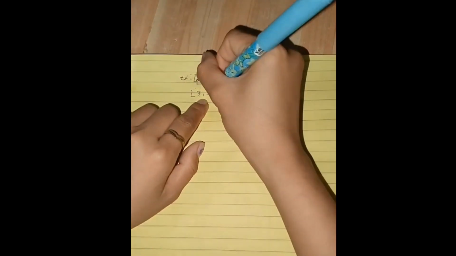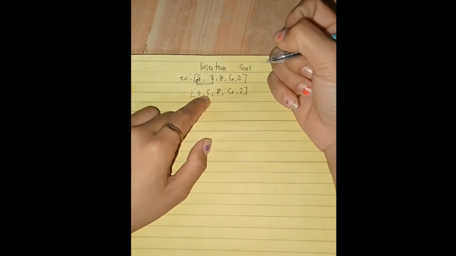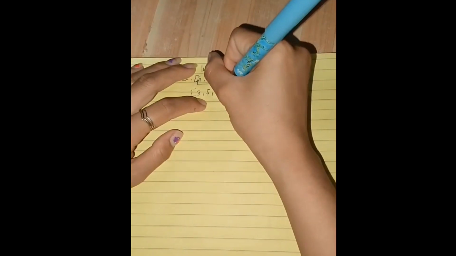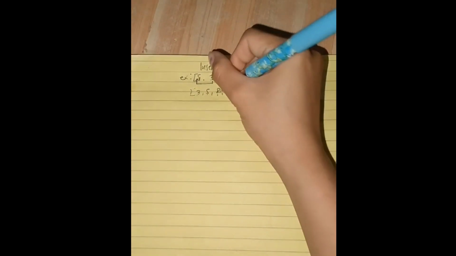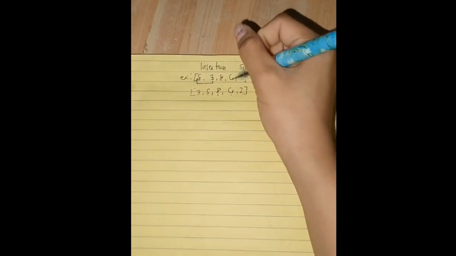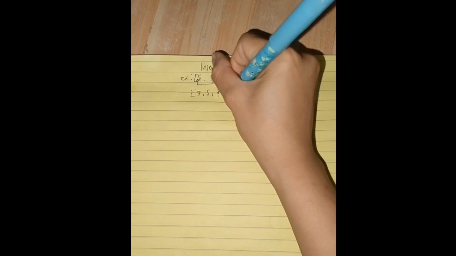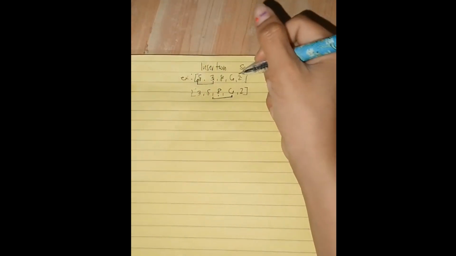Then, compare naman natin si 5 kay si 8. Mas less than ba si 5 kay 8? Yes, kaya stable lang na siya. Then, compare na naman natin si 8 kay 6. Mas less than ba si 8 kay 6? Hindi, kaya i-insert natin siya sa unahan ng 8.